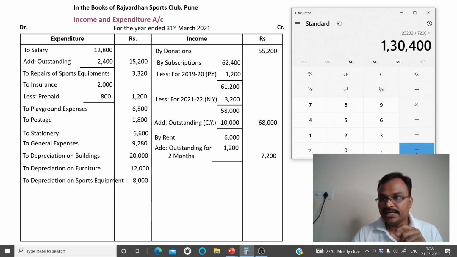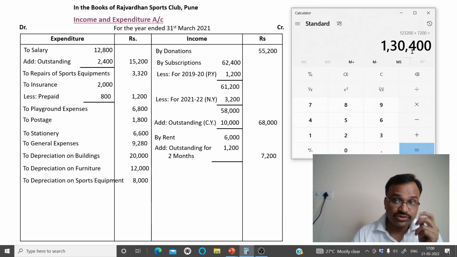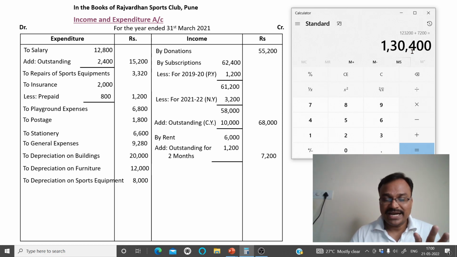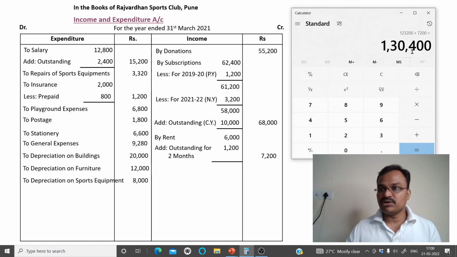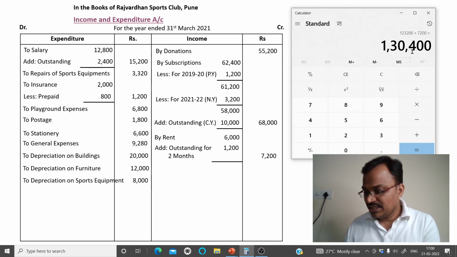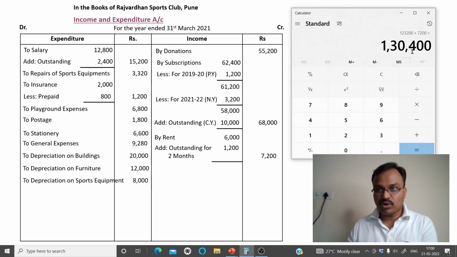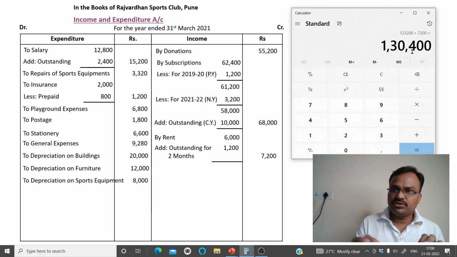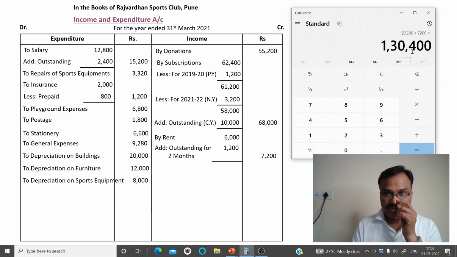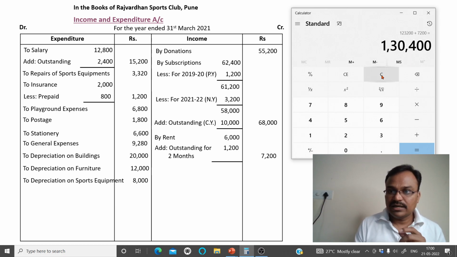Okay. Now total is 1,30,400. So total of credit side is 1,30,400. Let us note down this total of credit side. Friends, you should also note down the total of credit side.